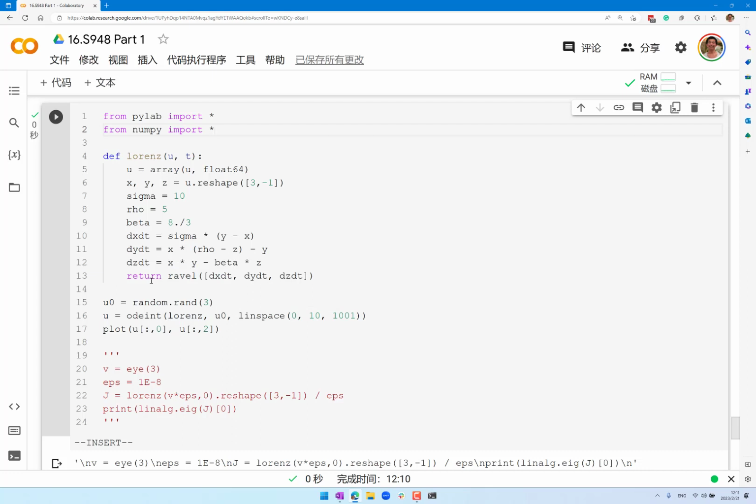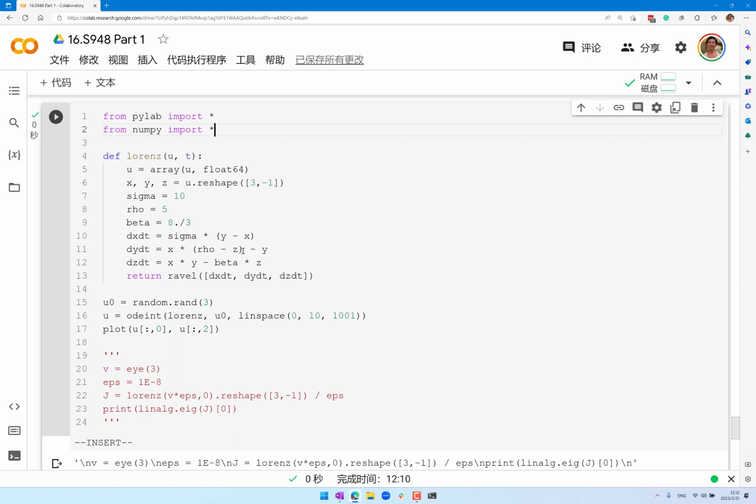So, for example, the first equation, dx/dt, for that to be equal to 0, y minus x has to be 0, right? So x has to be equal to y. And now if you plug x equal to y into the second equation, what you get is x times (rho minus z minus 1) has to be equal to 0, right?